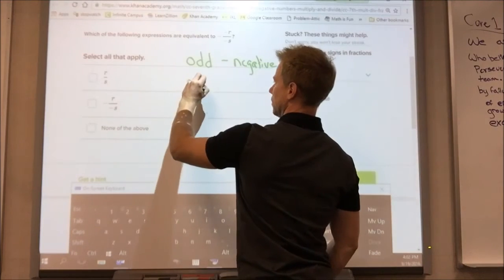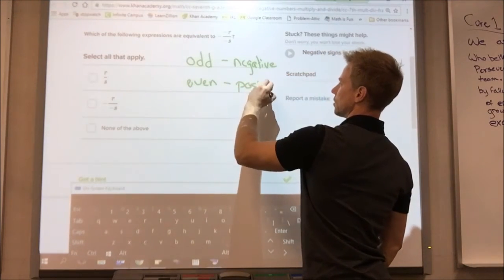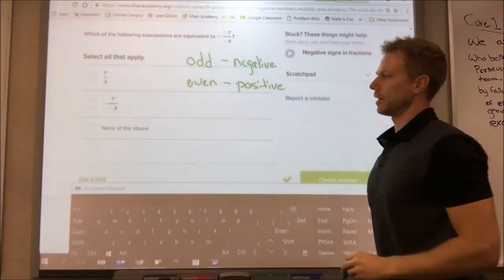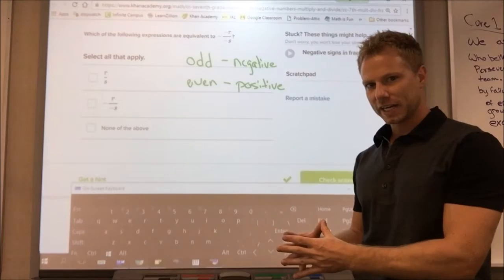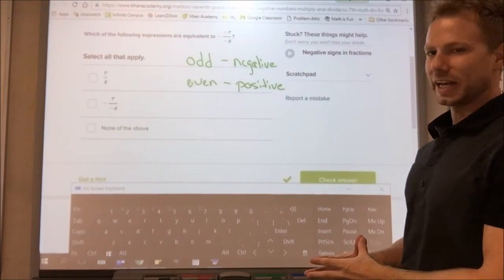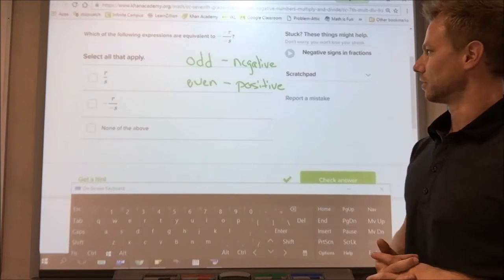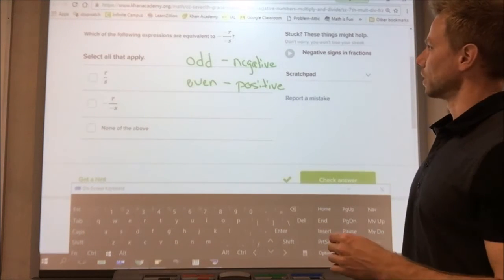If you have an even number of negative signs, your answer's going to be positive. So we can just count. Odd number of negatives gives you a negative answer. An even number of negative signs gives you a positive answer, because two negatives cancel to make a positive.